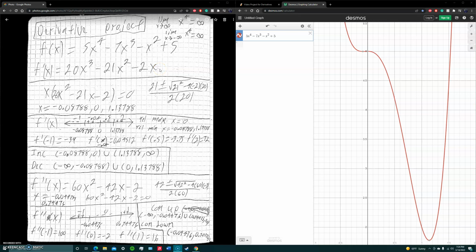And I was able to find the extremes of the first derivative by setting it equal to 0, as can be seen by this section of my notes. I factored out an x from the first derivative, which let me have x is equal to 0 for one, and for the other two I needed to use the quadratic formula, as you can see on the right.